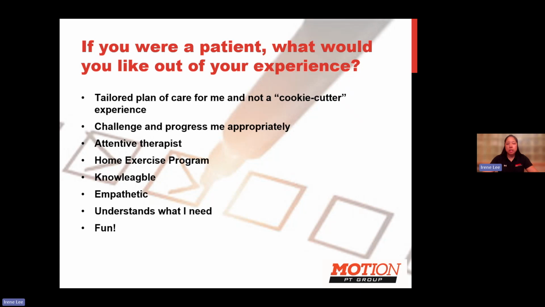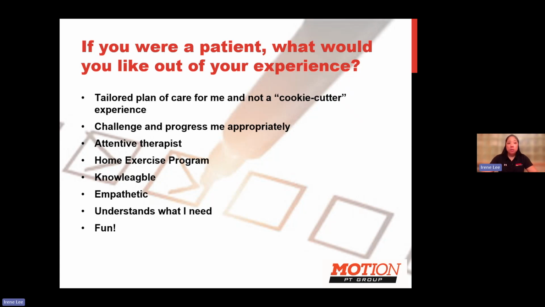I'm not just doing 3 sets of 10 because it's a thing to do online. I'm doing these exercises that are specific to my goals. And also, the rehab is challenging and progressing me appropriately, because that's a big one as well. You have a very attentive therapist.